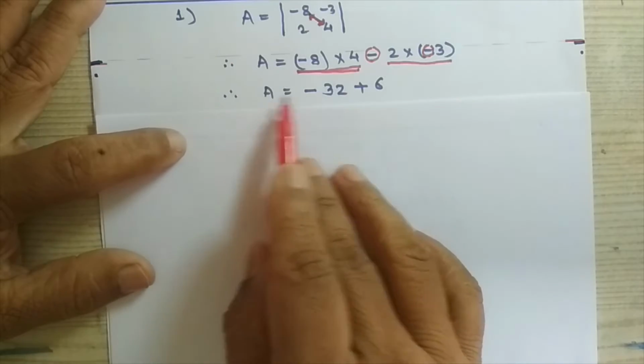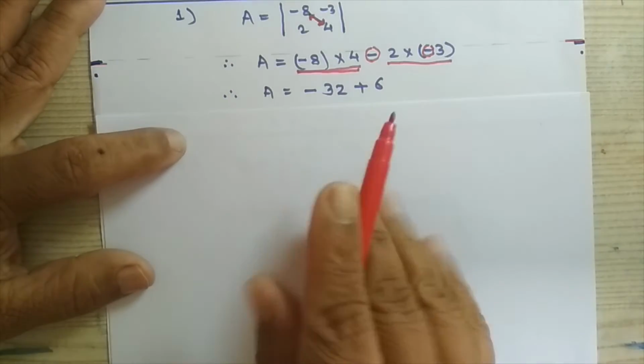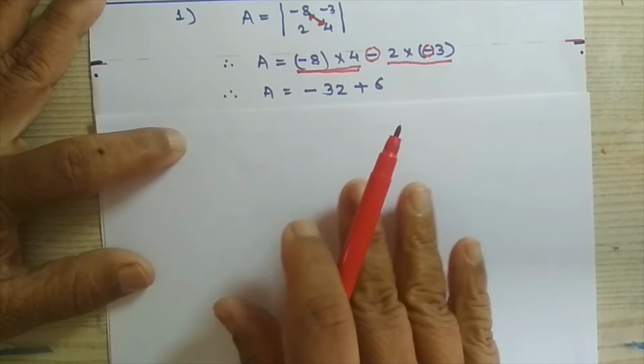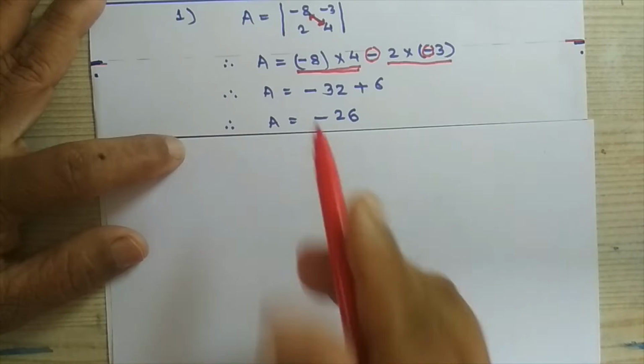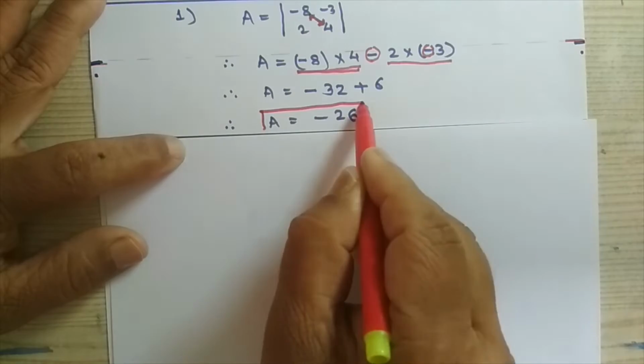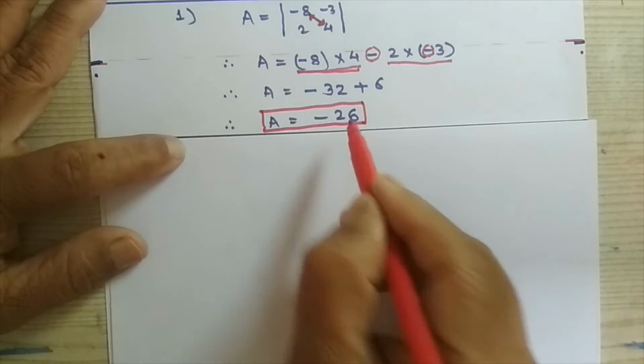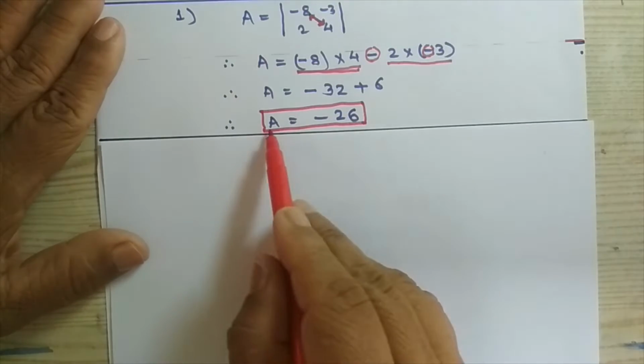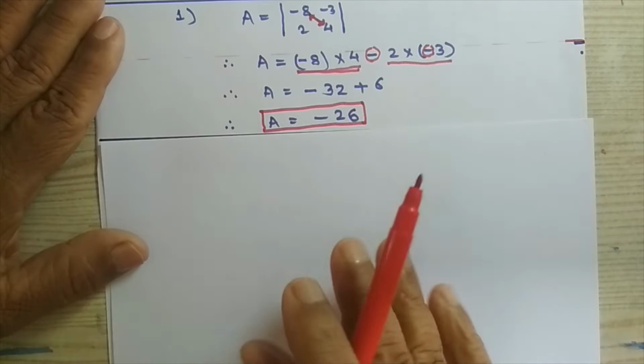Taking the sign of the larger number, that is minus, and finding the difference between these two, A is equal to minus 26 is the answer. The value of this determinant A is minus 26.